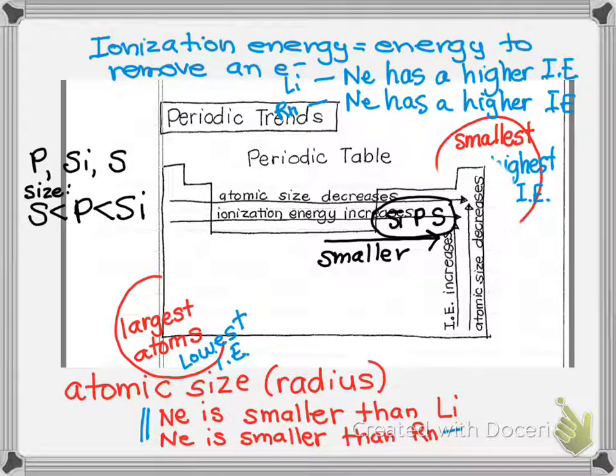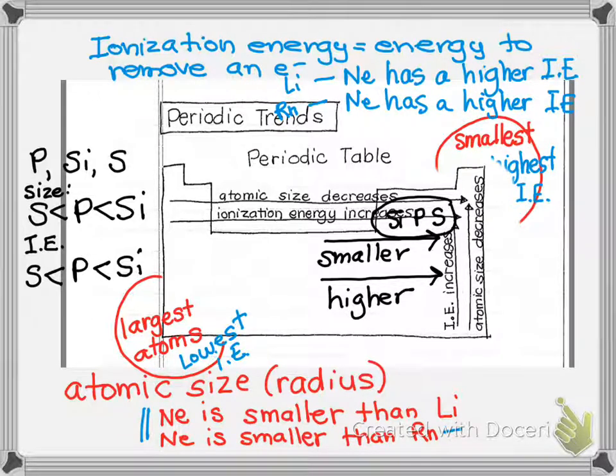Now what about the ionization energy? The ionization energy gets higher as we go this way. I'm sorry, let me write it right. Silicon has the lowest, then phosphorus is greater, then sulfur is the highest. So it's an inverse relationship.